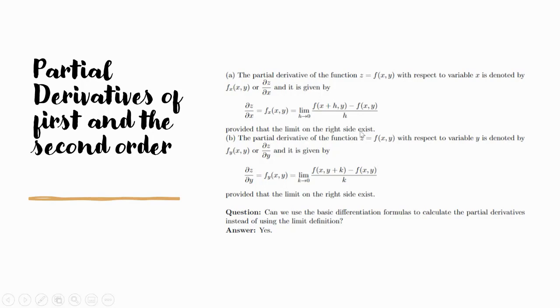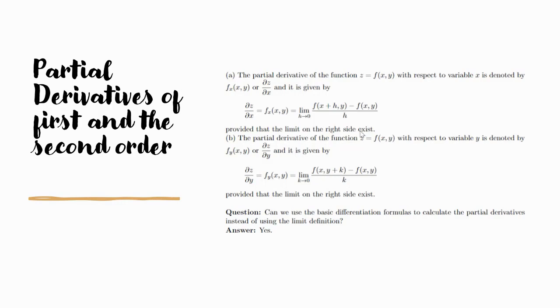So let's say you have your function, and you're trying to find fx. That means you keep y constant and take the partial derivative with respect to x. So treat y as if it's a number.